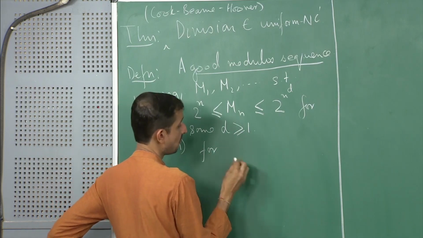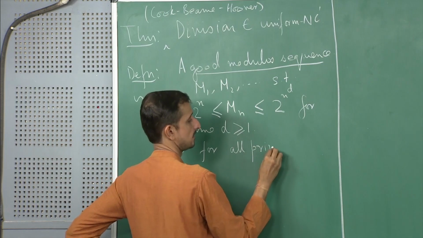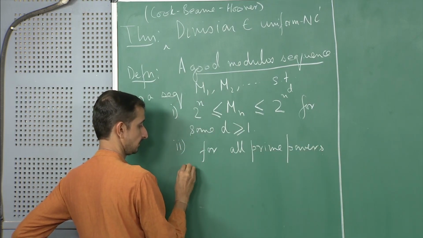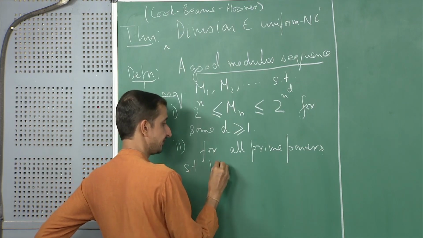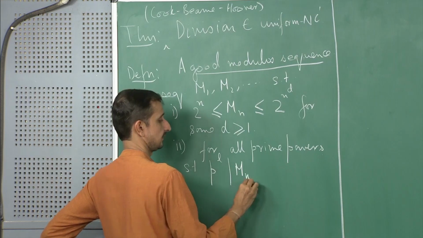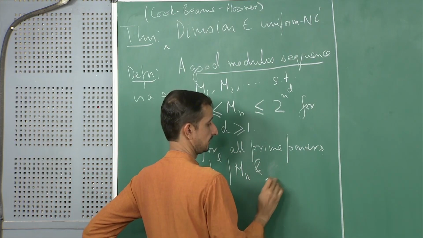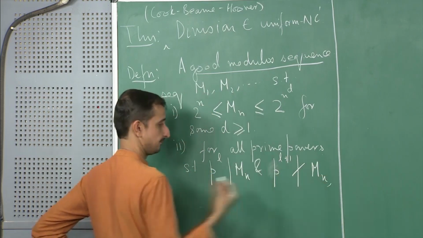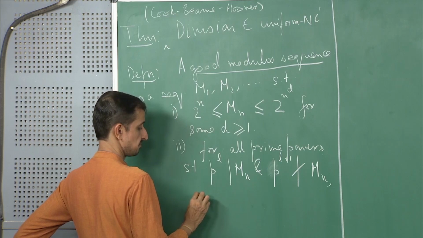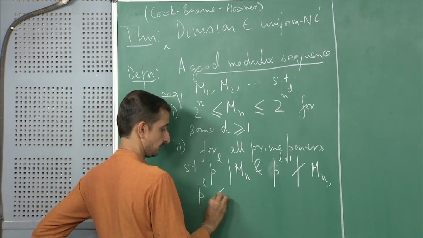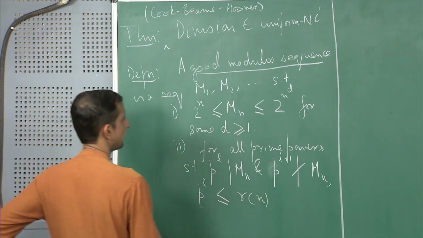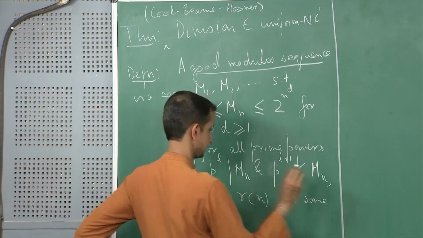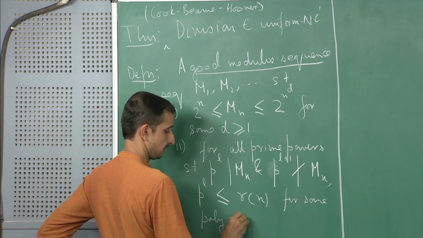for all prime powers such that p raised to the power l divides Mn and p raised to the power l plus 1 does not divide Mn, p raised to the power l is at most R of n for some polynomial R. Okay.